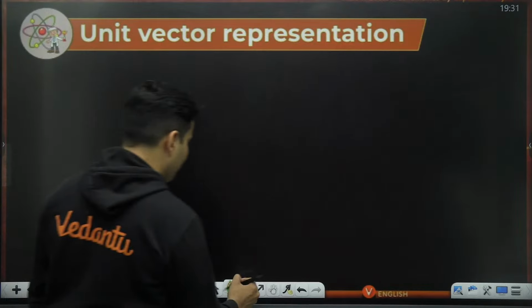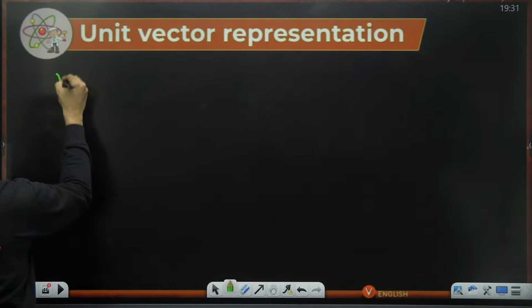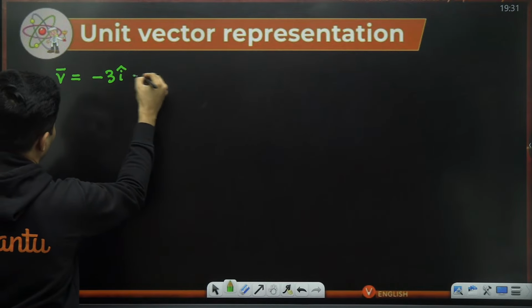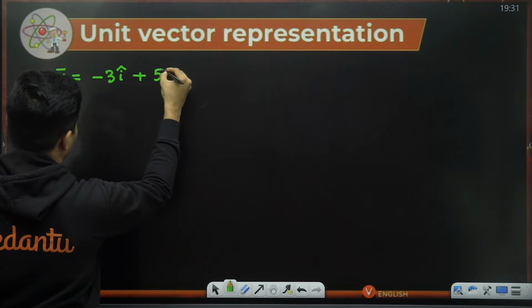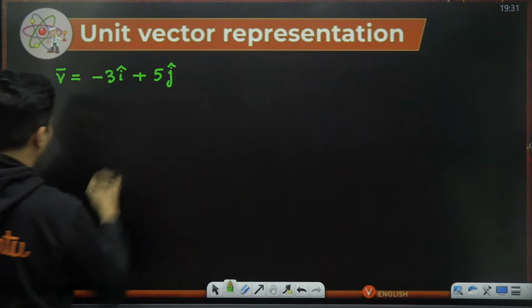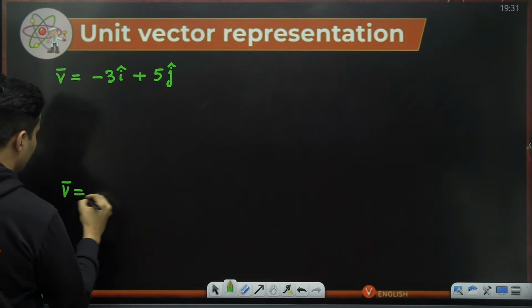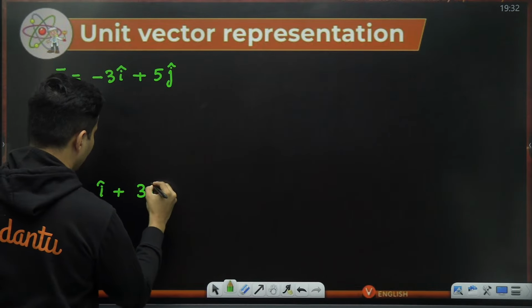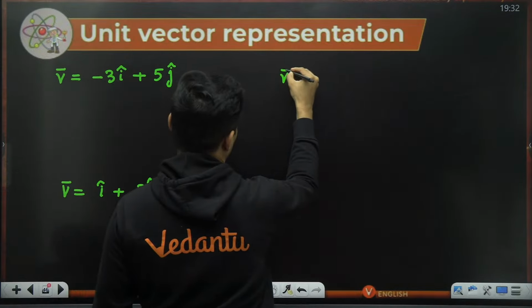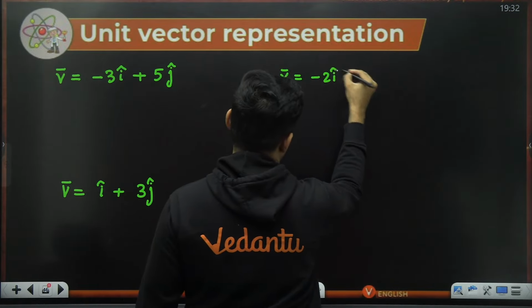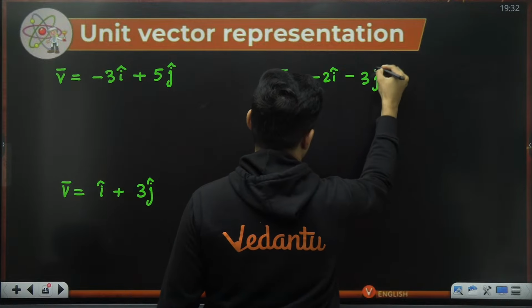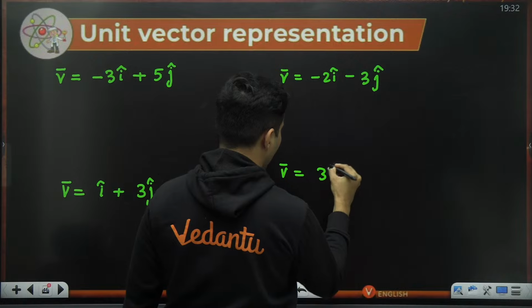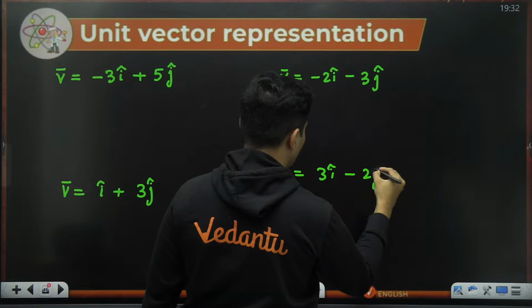So tell me one thing. If I give you a vector like this, minus 3 I cap plus 5 j cap, or a vector like this, I cap plus 3 j cap, or a vector like this, minus 2i minus 3j, or a vector like this, 3i cap minus 2j cap.